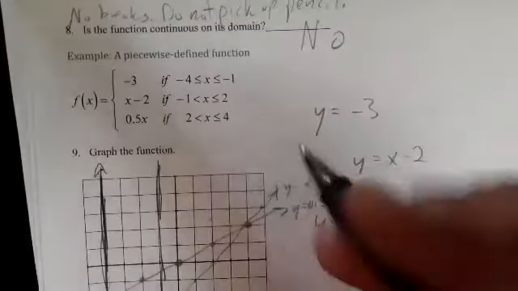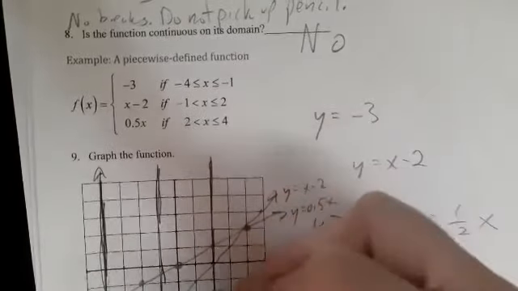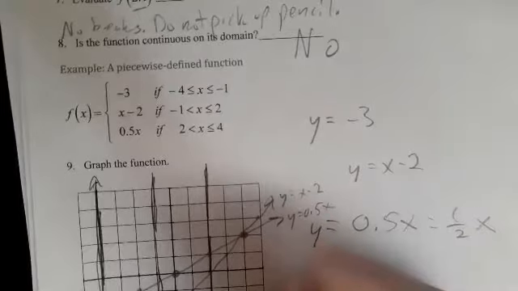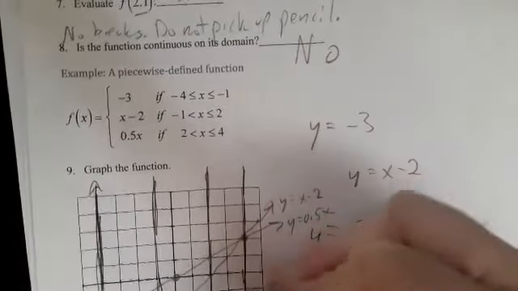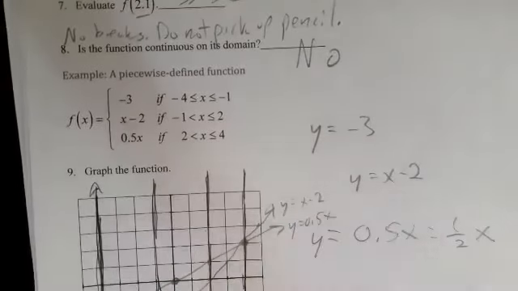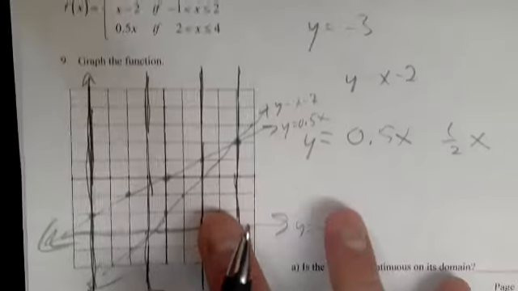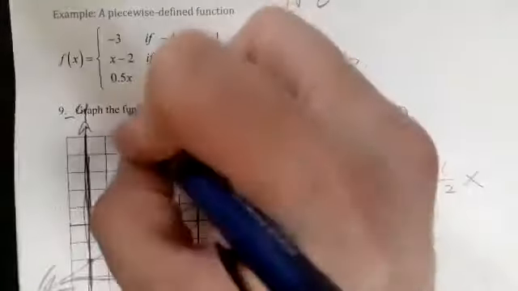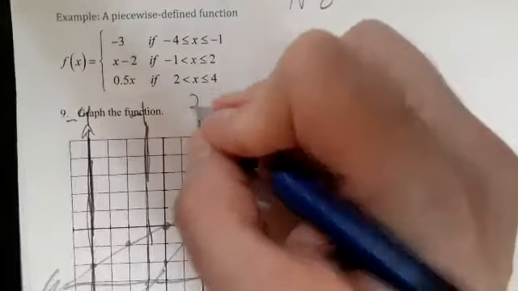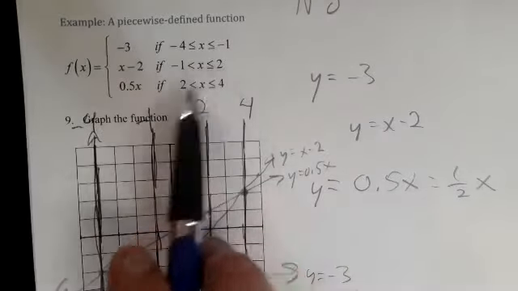The next one is minus 1 to 2, so 2 is right here. And the next one is from 2 to 4, so 4 is right here. So I'm dividing my domain up by these values: the minus 4, the minus 1 up here, the 2 and the 4, coming from these domain restrictions.